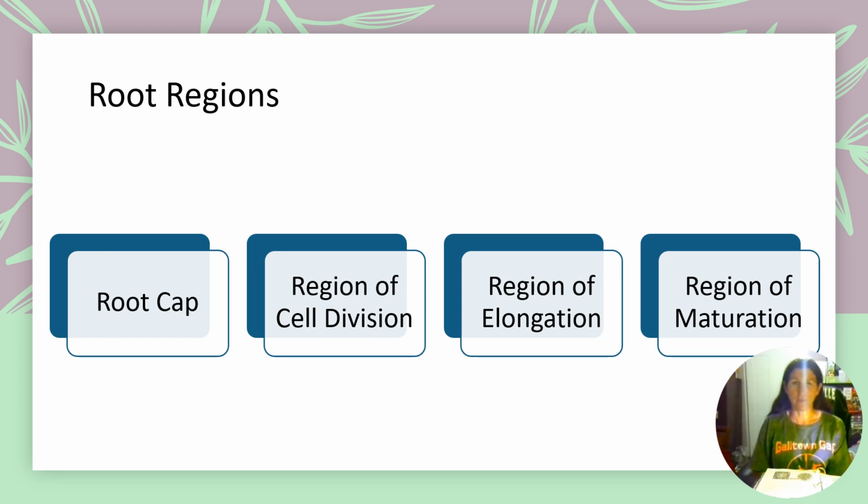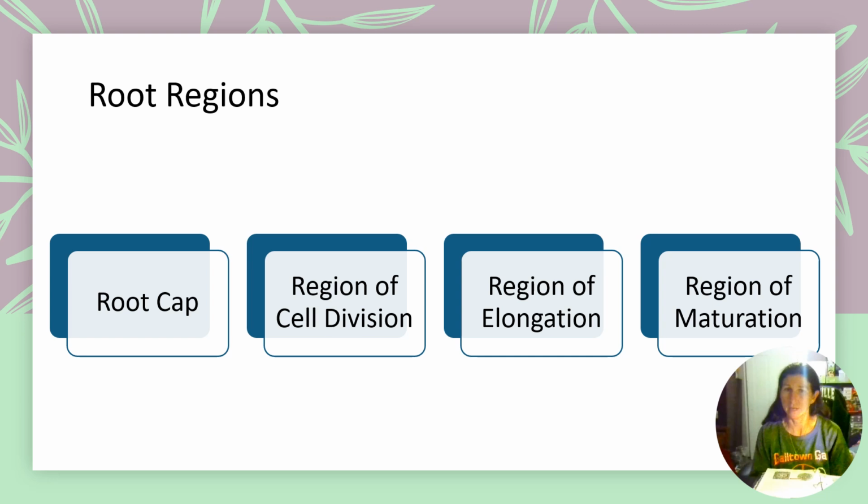The region of cell division is composed of apical meristem, and this is the tissue that is actively dividing. The root cap protects the region of cell division, and this is where the cells multiply and divide.